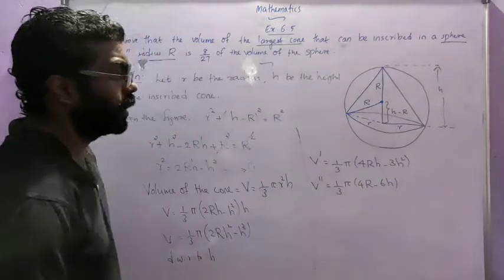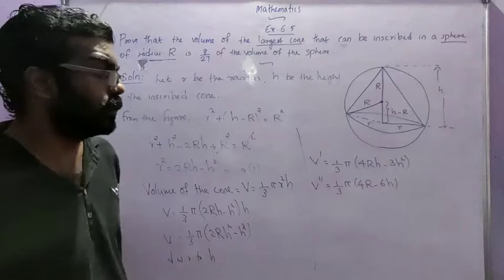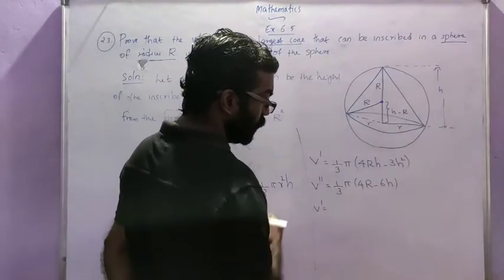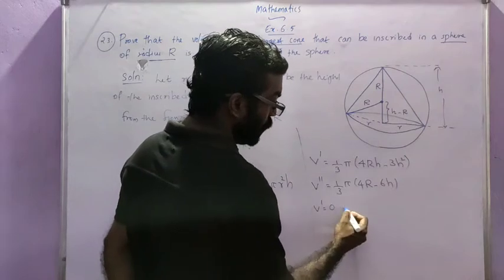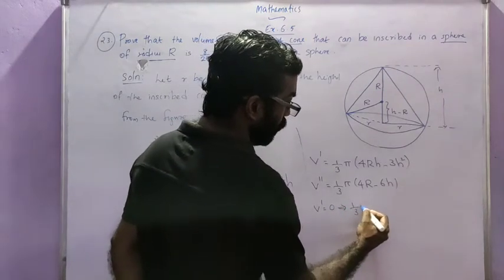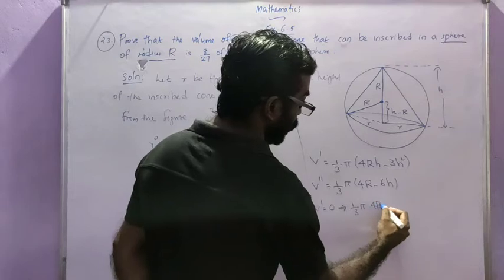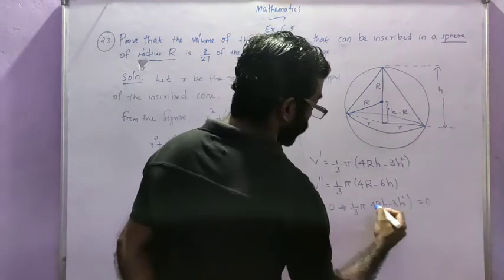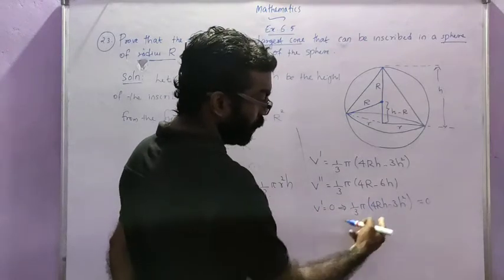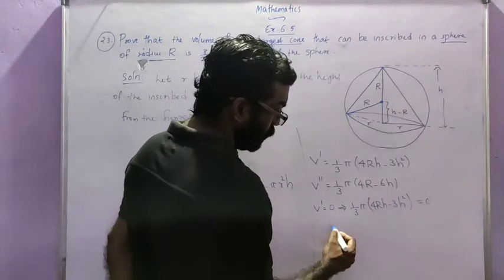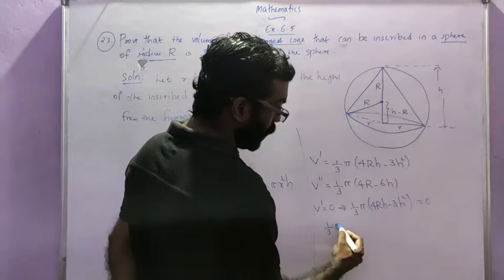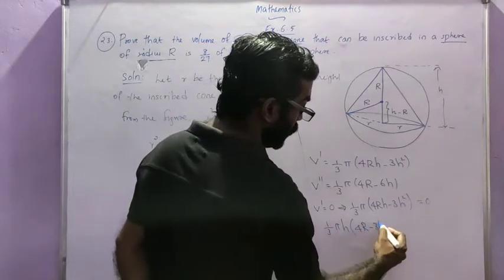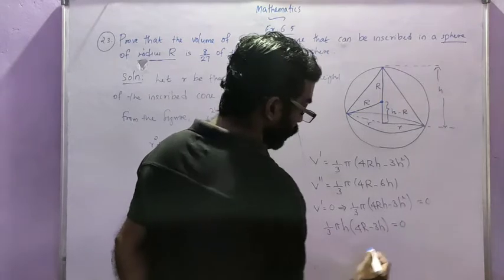Okay. Now we can apply the second derivative test. We can equate first derivative to 0 in order to find the critical point. So V dash equal to 0 implies 1 by 3 pi into (4Rh minus 3h square) equal to 0. Here we can take h common. 1 by 3 pi into h into (4R minus 3h) is equal to 0.